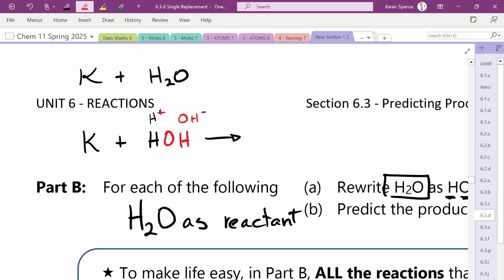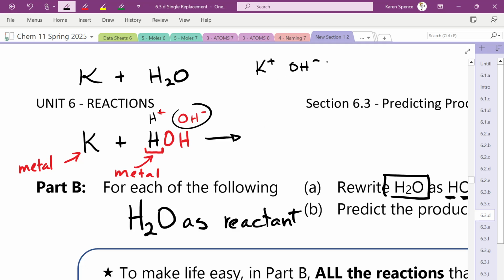So the K is a metal. And we can treat this hydrogen as a metal. And what we're going to have is we're going to have potassium, which is positive, and we have the OH, which is negative. So those get together and form KOH.